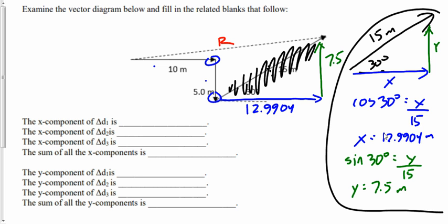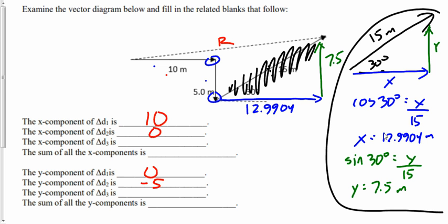Now let's do our thing. What's the x component of the 10 meters? 10. What's the y component of that 10 meters? 0. What's the x component of that 5 meters? 0. What's the y component of that 5 meters? Negative 5. Good.